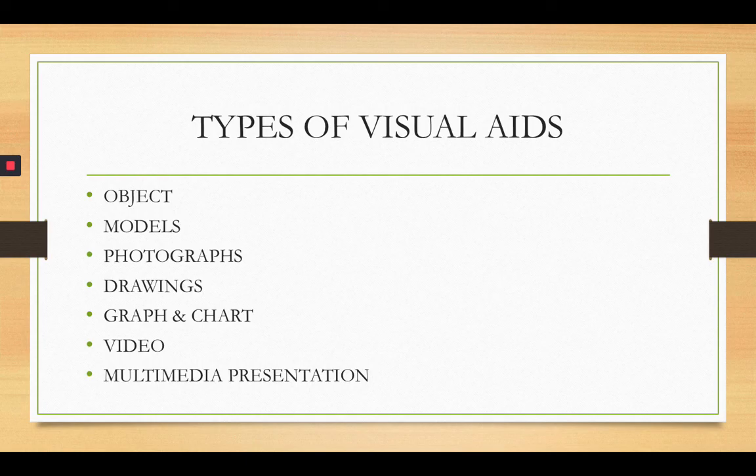So what is the meaning of visual? Visual is something that you can see. Aids mean help. Okay, so whatever you can project, you can show them, you can let the audience see, that will help them to understand your presentation better. That will be great.